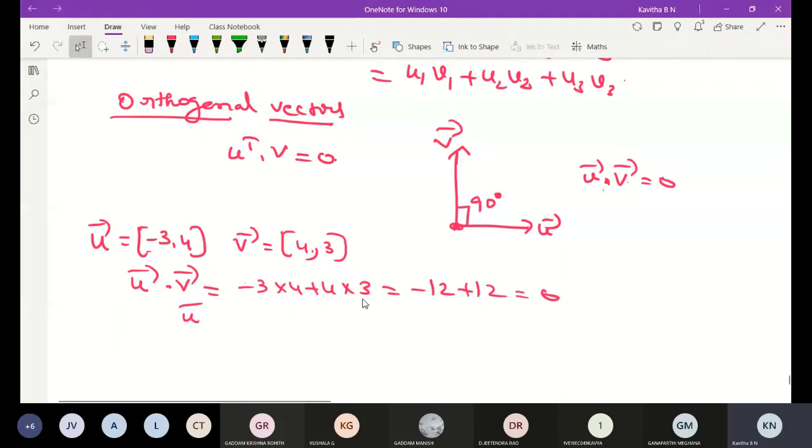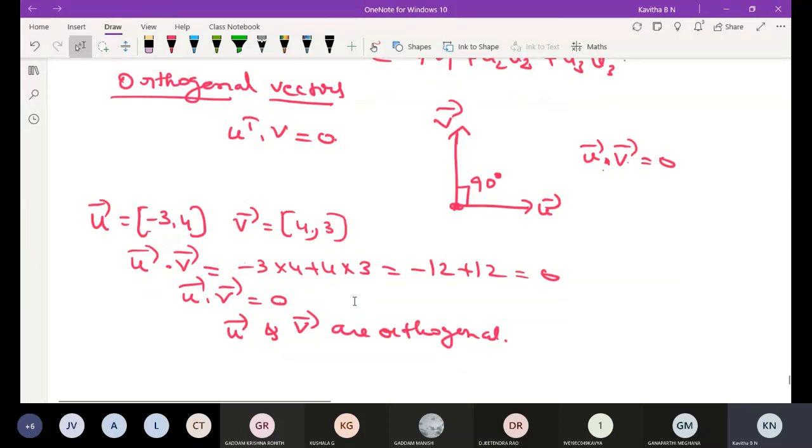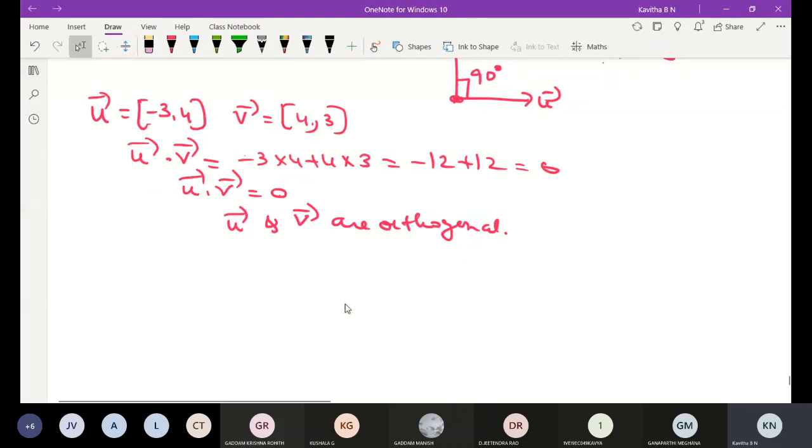Means u dot v is equal to 0, so u vector and v vector are orthogonal. Similarly, take one more problem: u vector is minus 3, 4 and v vector is 4, 3. Find u dot v, and you will get 0, which means they are orthogonal.